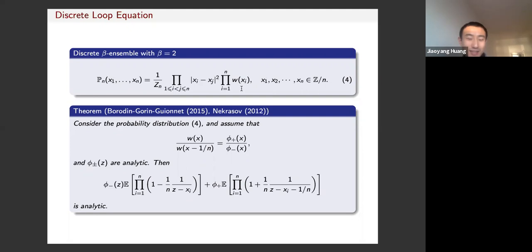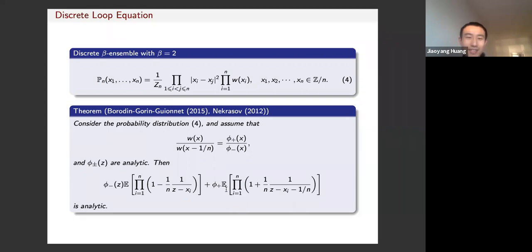They assume that the weight satisfies W(x) over W(x minus 1 over n) equals phi plus over phi minus, where phi plus and phi minus are analytic. Then you have this quantity which is analytic: phi minus times some expectation plus phi plus times some expectation.